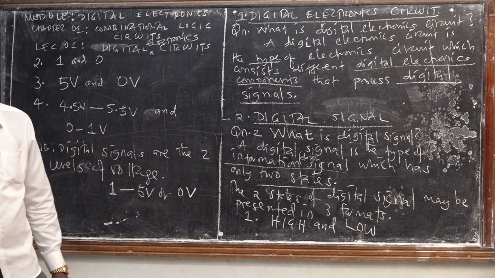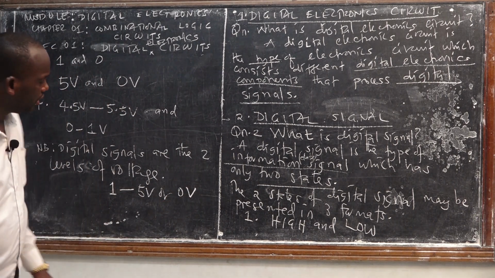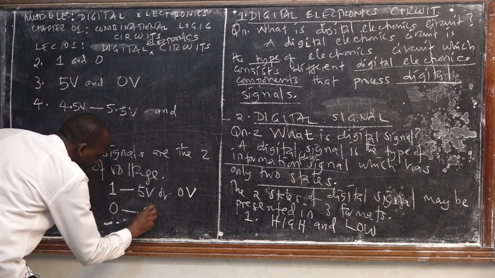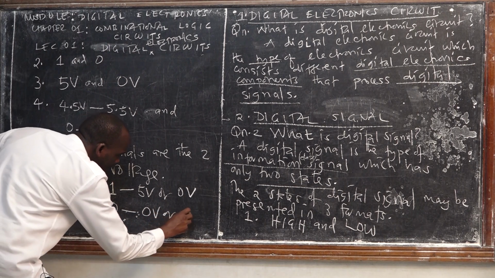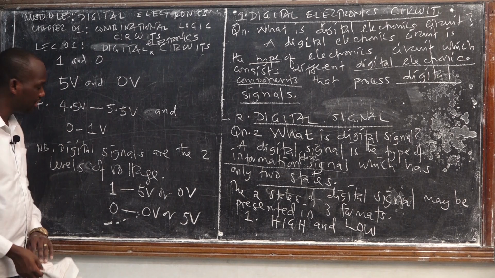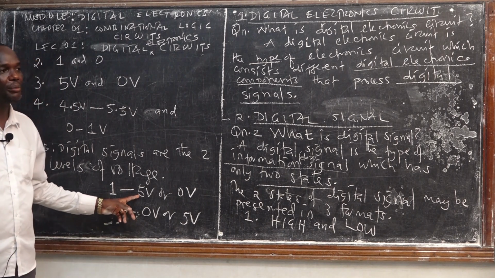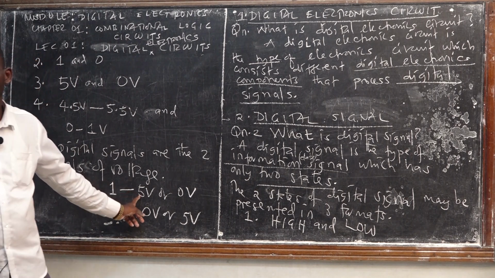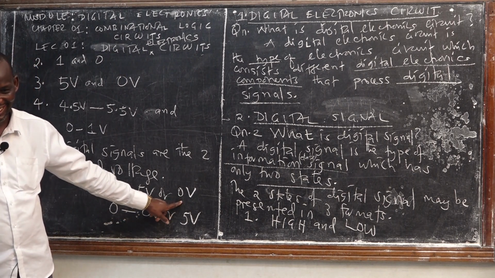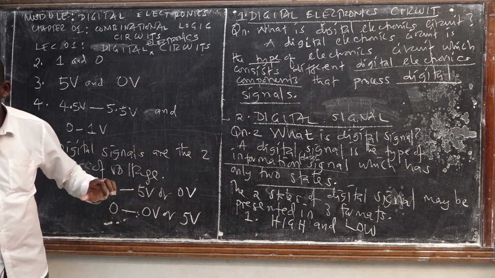depending on the situation. Also, bit number 0 may be presented by 0 volt or may be presented by 5 volt. So you should not claim that bit number 1 is always presented by 5 volt. It might be 5 volt or 0 volt, it depends.